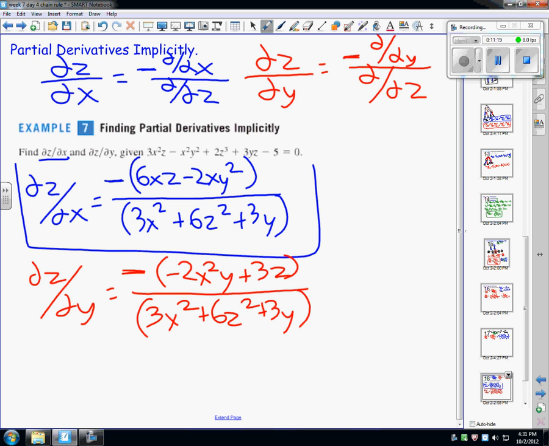And there's your partials based off implicit. Again, remember, all you need to do is, if I ever say z over x, there's a negative, I put the x guy on top and the z guy on bottom. So there's kind of that crisscross.